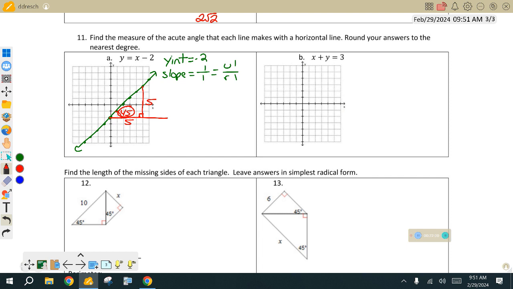I could have not dropped it at the 5. I could have dropped it right here at the 3. If you went to the 3 and did it, this is 3 and that's 3. I could have gone back here and dropped it from the 6, and I still get the exact same result. These are all similar triangles. What did we just talk about in the last topic? Similar triangles.